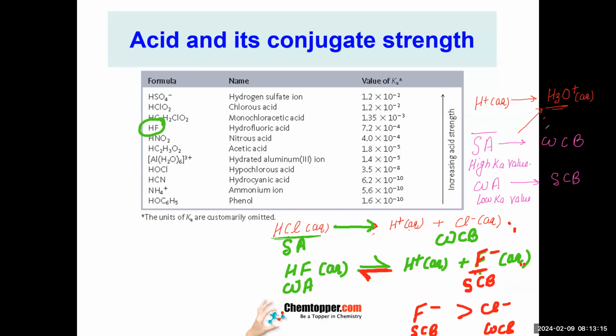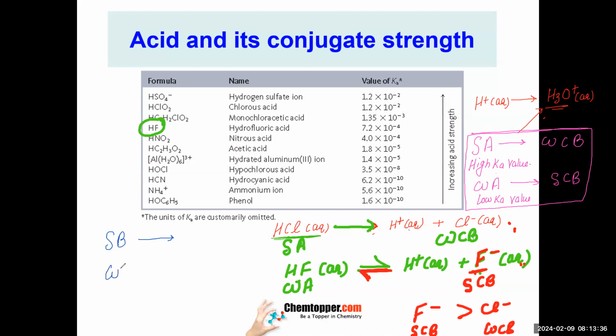The way I've written this, the same concept is valid for bases. Ready to write for the bases? If there is a strong base, the conjugate acid will be strong or weak? Complete it.